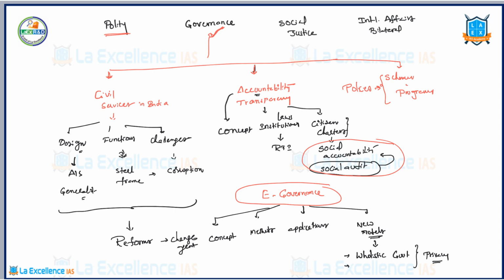The midday meal scheme was a previous question, and the national education policy was made by the government. This is expected to be a question this year. What direction is the government thinking for the future in a particular sector? That's where it makes the policies. To implement and realize these policies, it makes laws, schemes, and programs. So we need to study these schemes and programs.